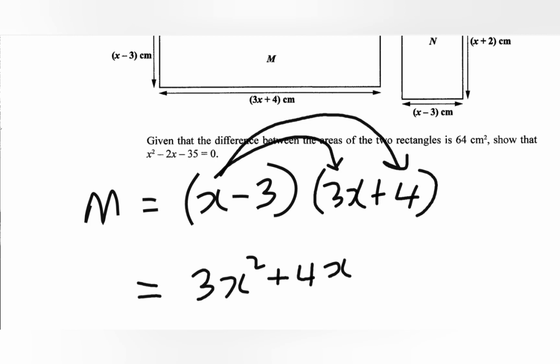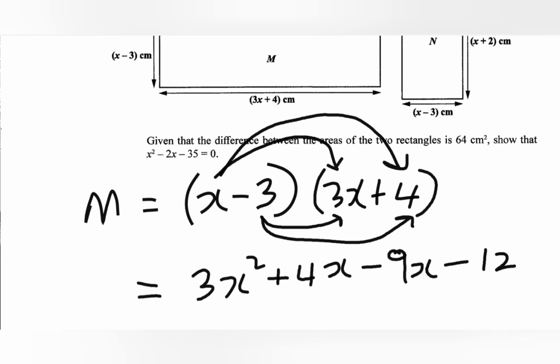Then we're going to use minus 3 to multiply 3x, and minus 3 to also multiply 4. So minus 3 times 3x will give us minus 9x, and minus 3 times minus 4 is going to give us minus 12. So we can simplify this.